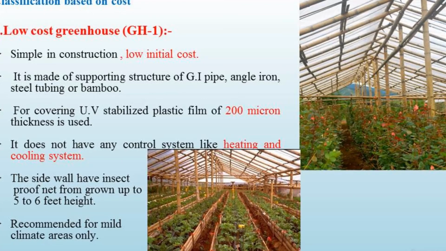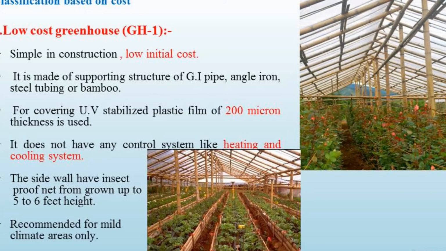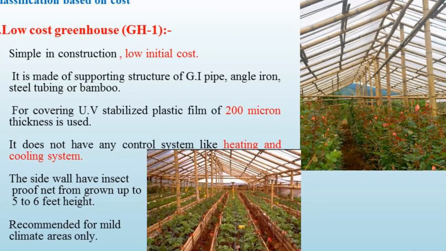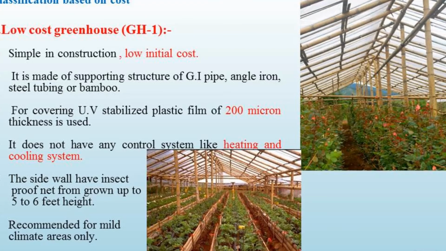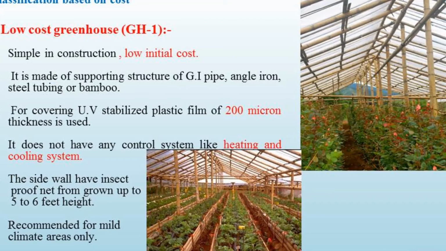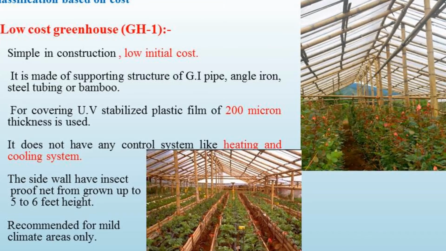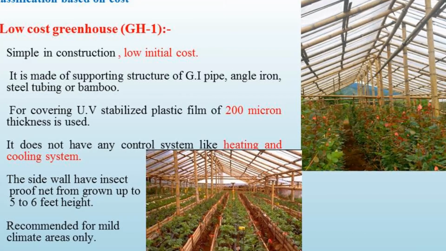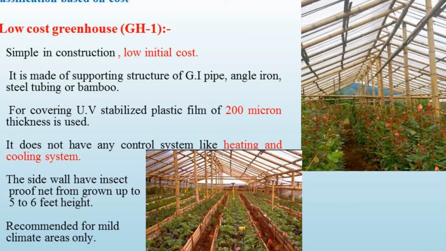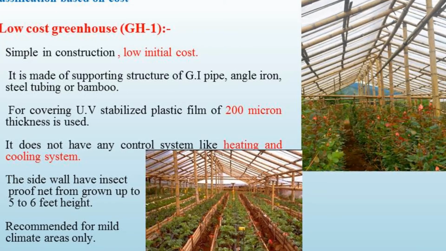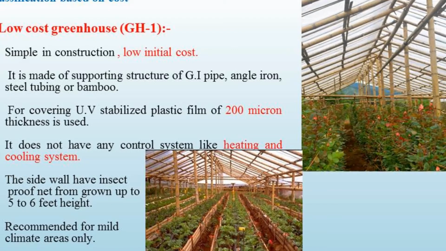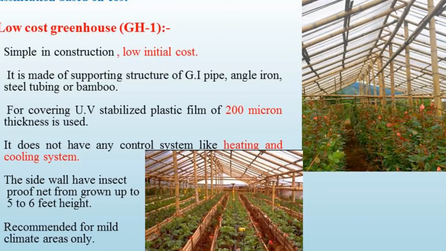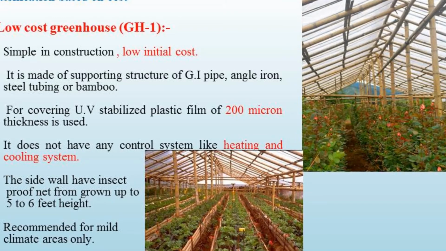Such structures are very simple in construction and require very low initial cost. These structures are supported with the help of GI pipe, angle iron, steel tubing, or we can also use bamboo for erection of such structures.